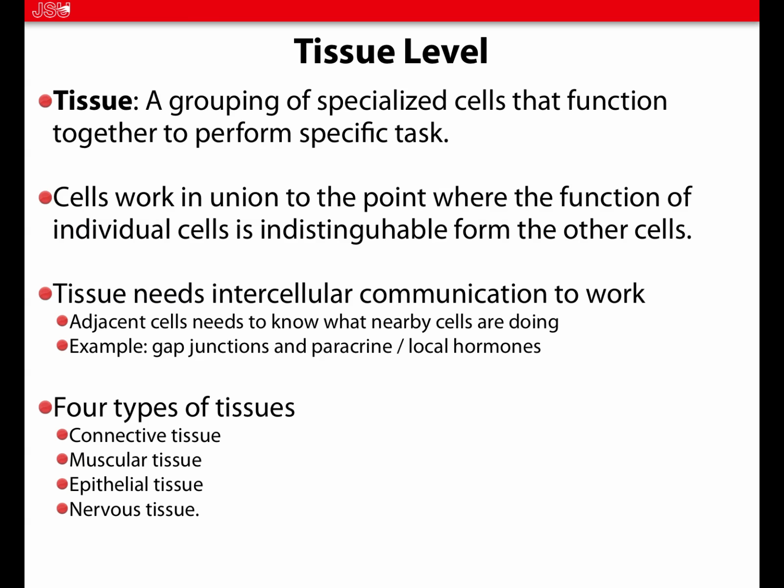Those 4 types of tissue. Any organ, you'll be able to pull that organ apart and you're going to see these types of tissue. Take your lungs, pull your lungs apart. Your lungs are an organ. Guess what? You're going to see different types of tissue in your lungs. You're going to see epithelial tissue. You're going to see connective tissue. All organs are made up of differing types of tissue. What are those types of tissue? Connective, muscular, epithelial, and nervous tissue.